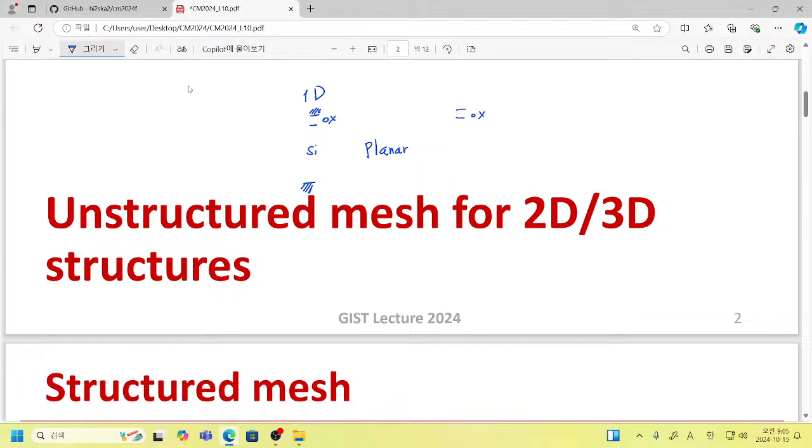Another structure we can consider using 1D is something like this. Here we have an oxide, and here we have another oxide, and here we have a top gate and a bottom gate, and the silicon is sandwiched by these two oxide layers.